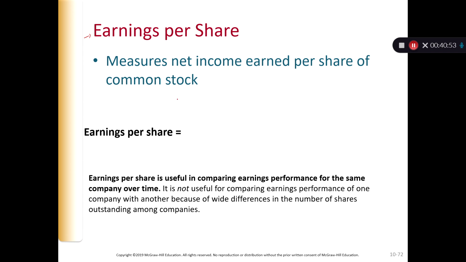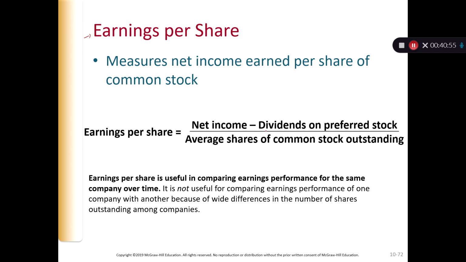Another very important thing is the earnings per share ratio, which measures the net income earned per share of the common stock. It equals net income minus the dividend on preferred stock, divided by the average shares of common stock outstanding. Earnings per share is very useful in comparing the earnings performance of the same company over time, but it's not useful for comparing the earnings performance of one company with another because of wide differences in the number of shares outstanding among firms.